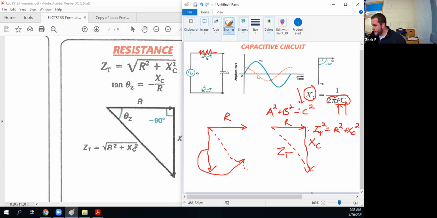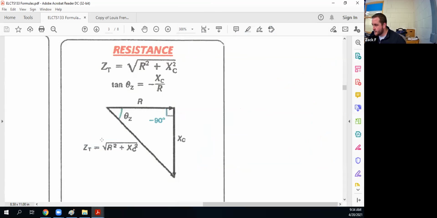If you take the square root of both sides, that cancels and that cancels. And what you're left with is total impedance equals the square root of R squared plus X sub C squared. So they're using phasors and the laws of triangles to solve for total impedance, and that's how they get this formula, right? Total impedance equals the square root of R squared plus X sub C squared. That makes sense?